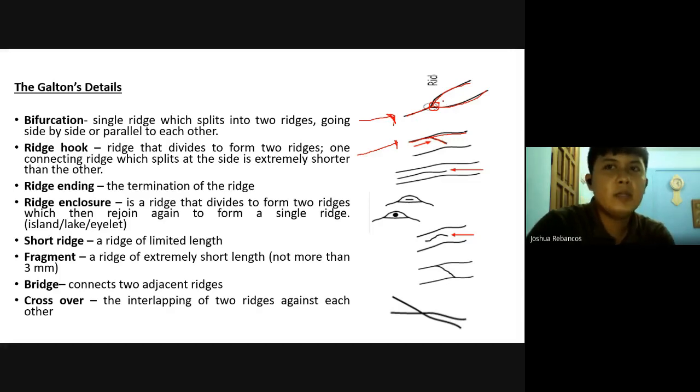Guys, nga pala, once na itong example, ito yung core, ito yung delta, tapos dito, yan, ridge yan.